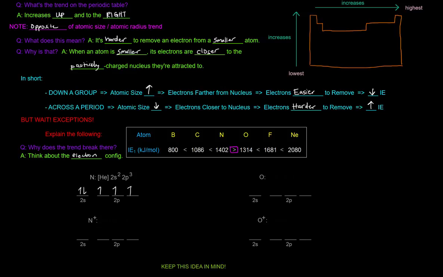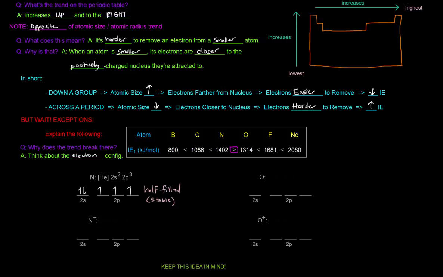So it is half filled like this, which is pretty stable, because all of these electrons are in separate orbitals. They're all spinning in the same direction, far away from each other.